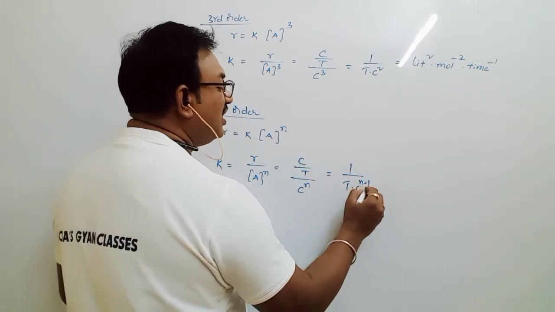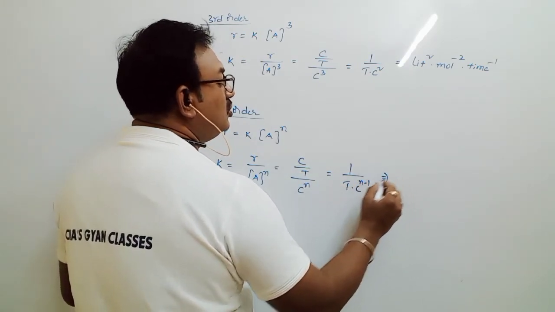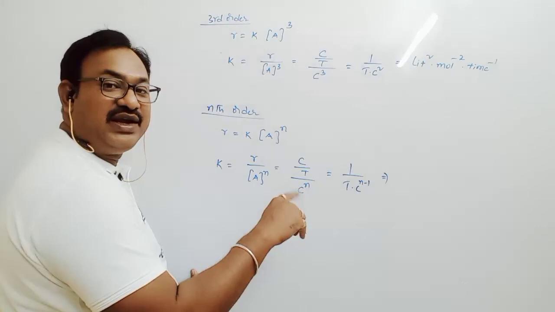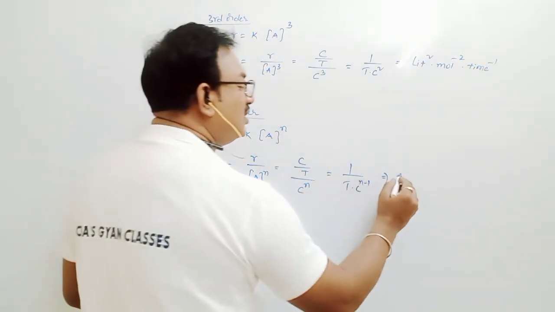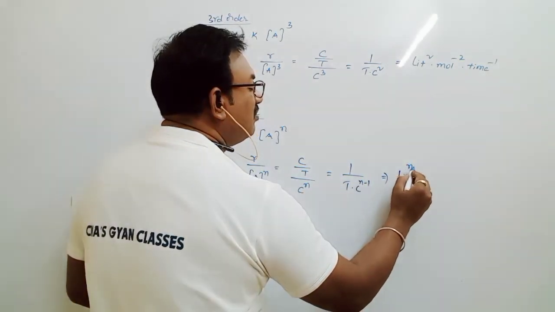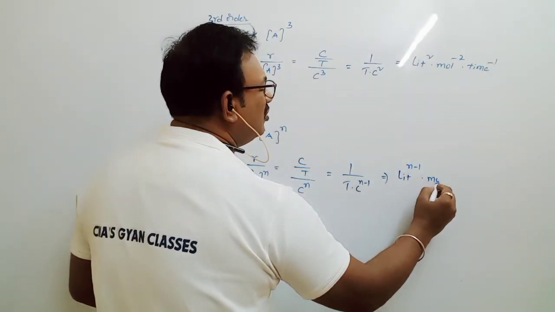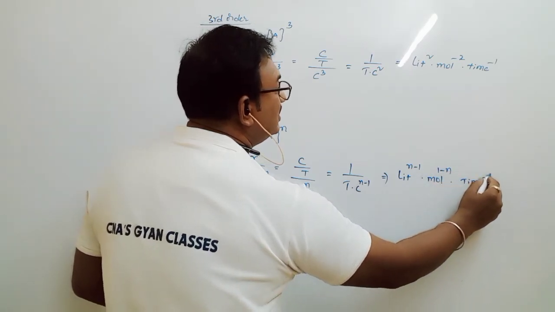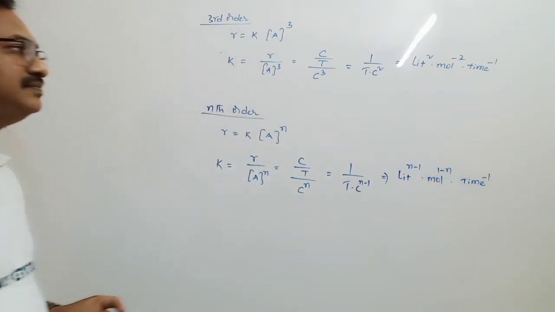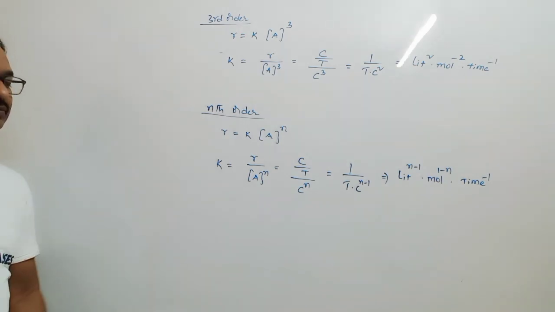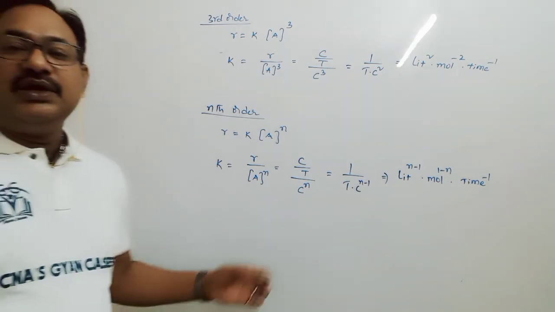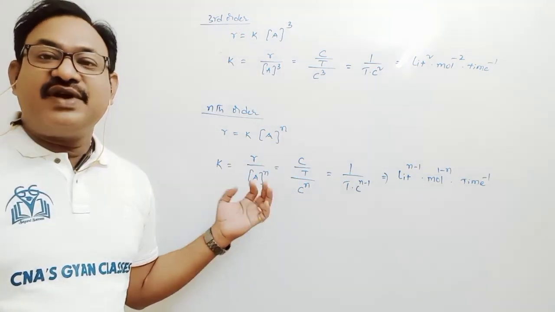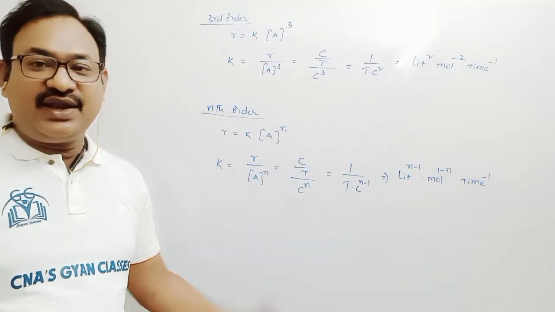C power n minus 1. So mole by liter whole power n minus 1. So liter power n minus 1 into mole power 1 minus n into time inverse. Okay, understand? So these are the units of rate constant for various order reactions.